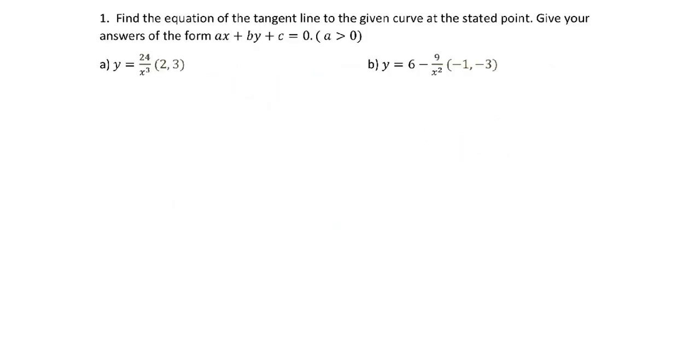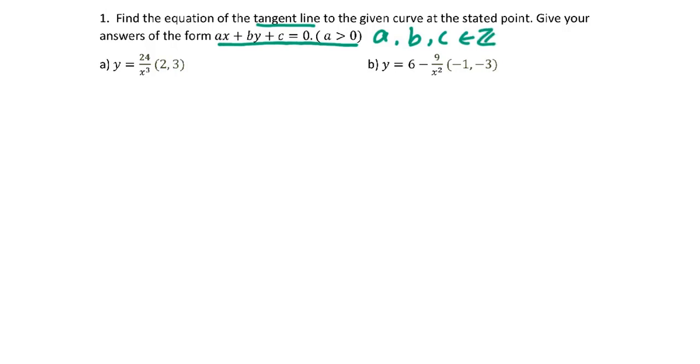For number 1, find the equation of a tangent line to the given curve at the stated point. Give your answers in the form ax plus by plus c equal to 0, where a is positive and a, b, c are integers.